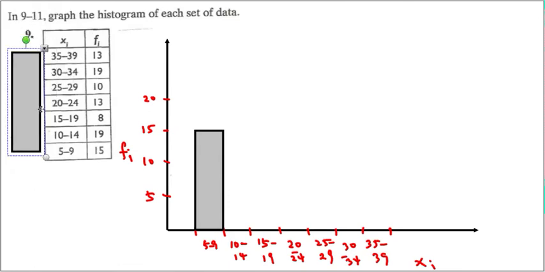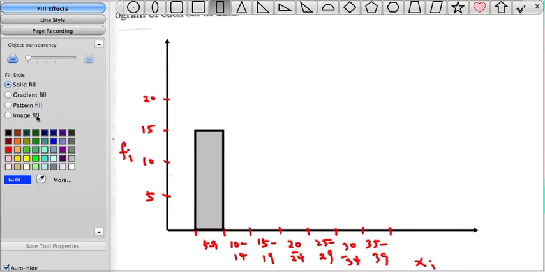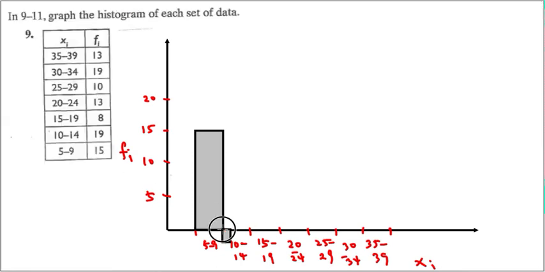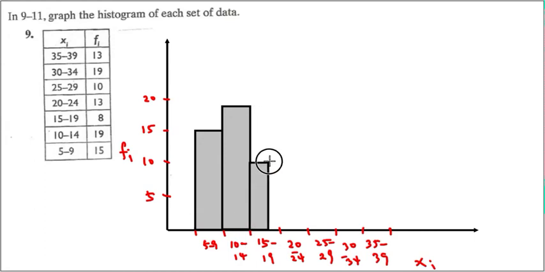actually, what I have to do is next one, 19, so a little bit less than 20. Next one is what, 10? 10 will be around here. Oh, actually, it was 8, my bad.